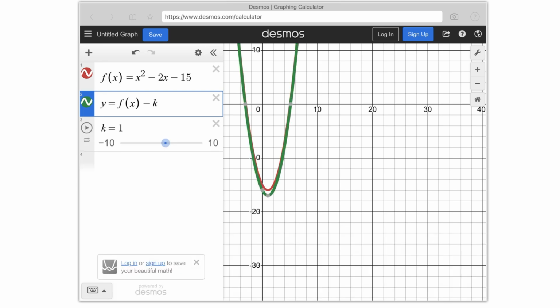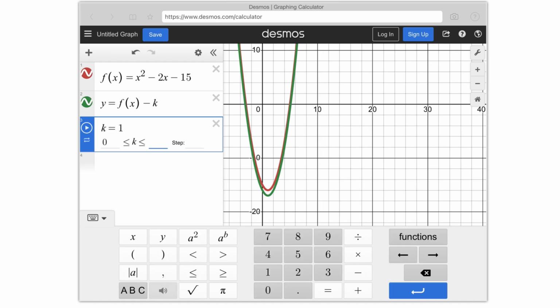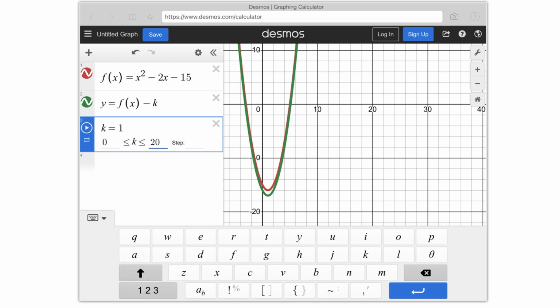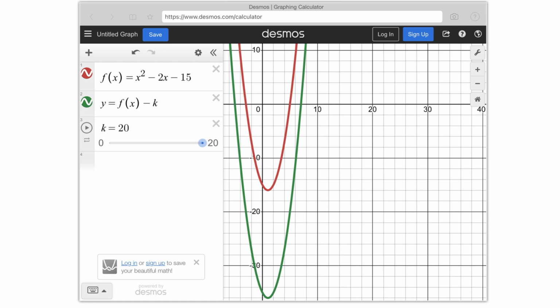And we're going to have k go to 20, so we can have it go to minus 20. We're going minus k. Okay, so we can see here that as k gets bigger, the graph is moving down. And now it's moved down 20. So we have that vertex with a y value of negative 36.